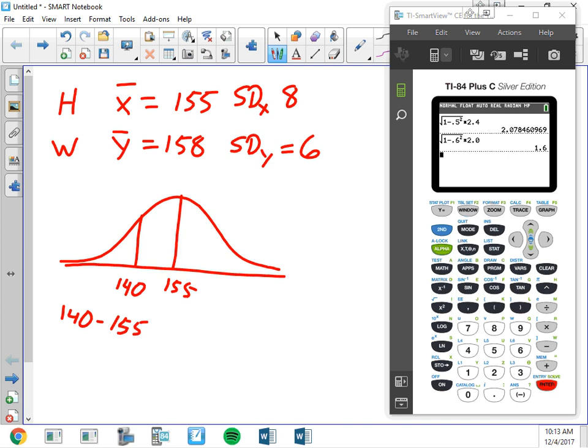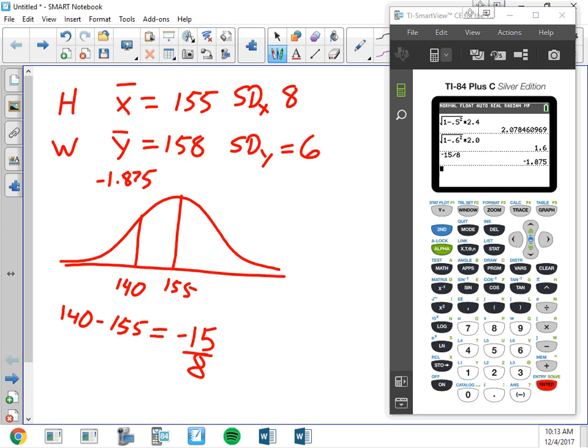Because we need to end up with a negative number. So my z-score needs to be negative because I went left. So this woman is 15 centimeters shorter than the average woman. Now what? Divide that by the SD. So negative 15 divided by 8. So the z-score is negative 1.875.